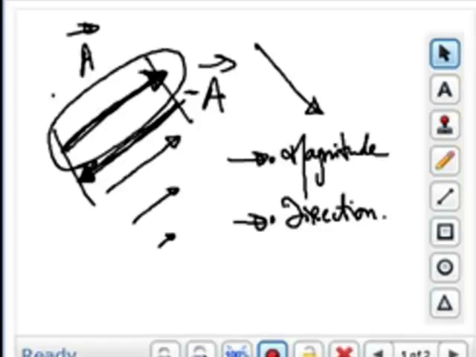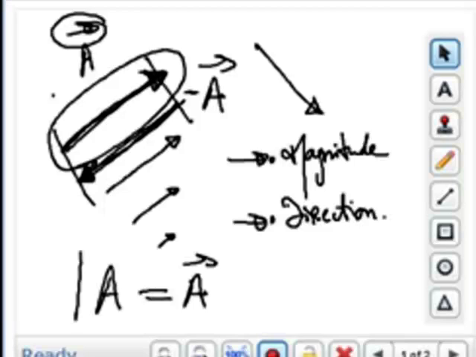The way that we write a vector mathematically is by putting an arrow. So this is the big difference between a scalar and a vector. This statement right there is entirely wrong and inaccurate. This is an equal sign, therefore everything on the left hand side must be exactly the same as everything on the right hand side. Now on the right hand side I wrote a vector because I put an arrow on top. On the left hand side I didn't put an arrow, therefore it implies that this is a scalar.